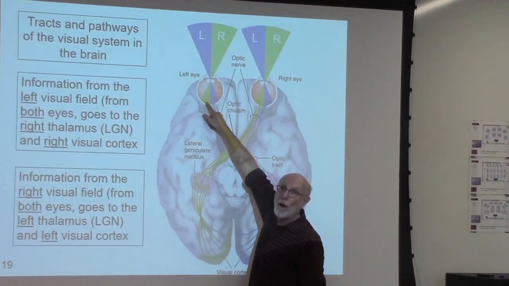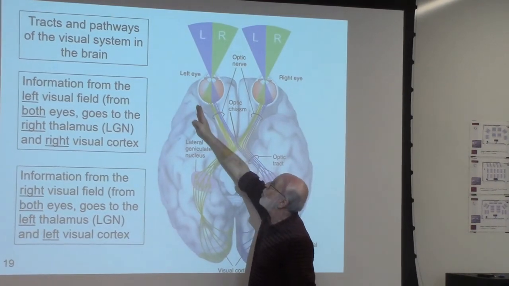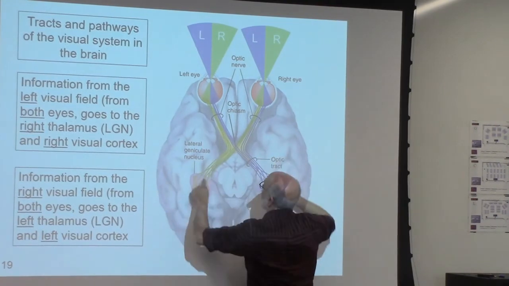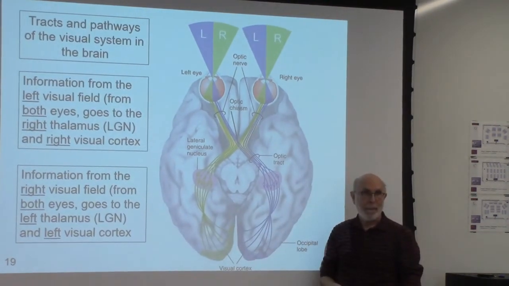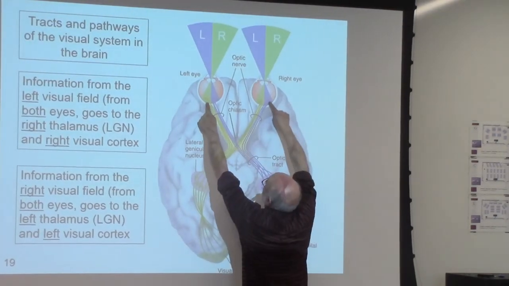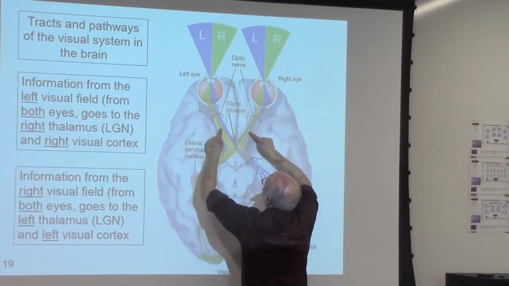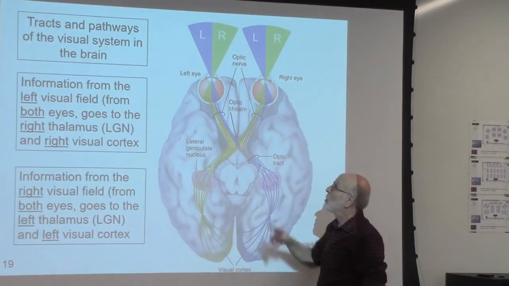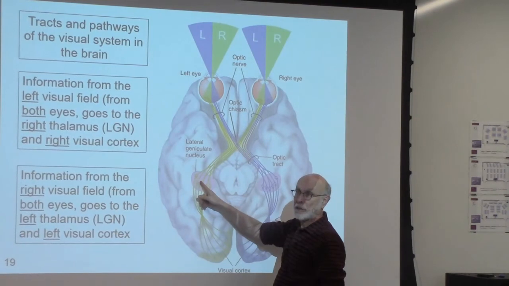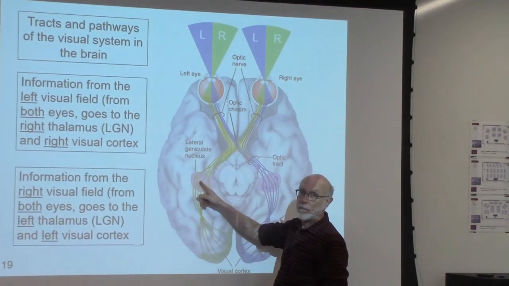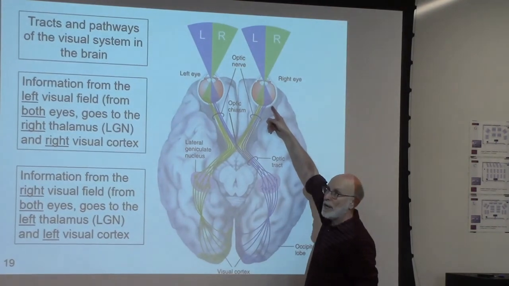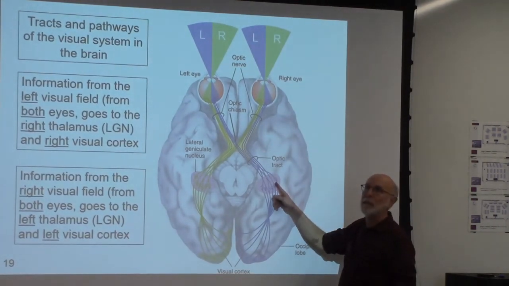Axons from the lateral portion of the eye do not cross. Axons from the lateral retina do not cross. So axons from the lateral left eye end up in the left lateral geniculate, thalamus. And axons from the right part of the right eye end up in the right lateral geniculate.